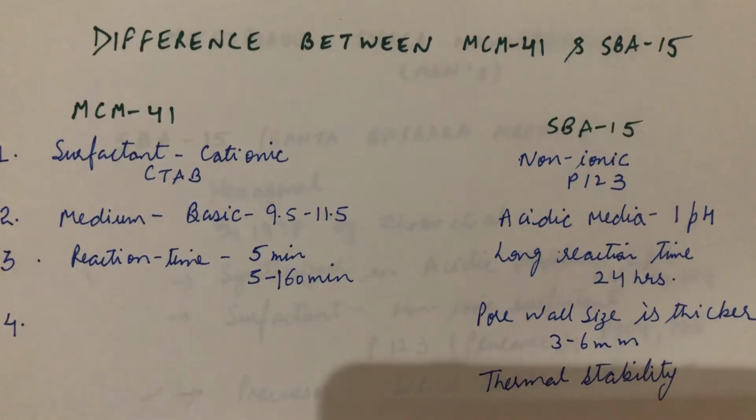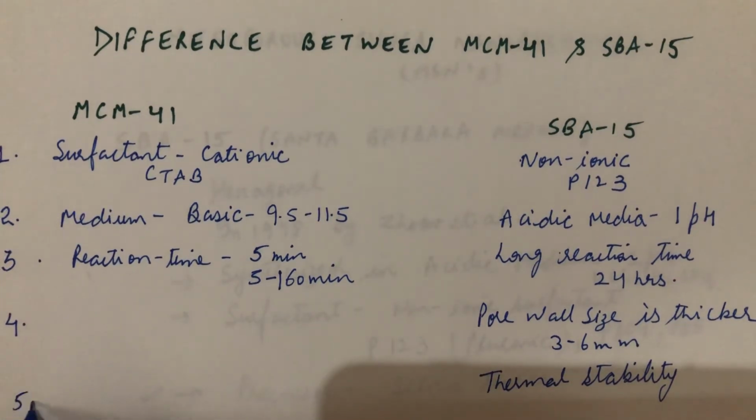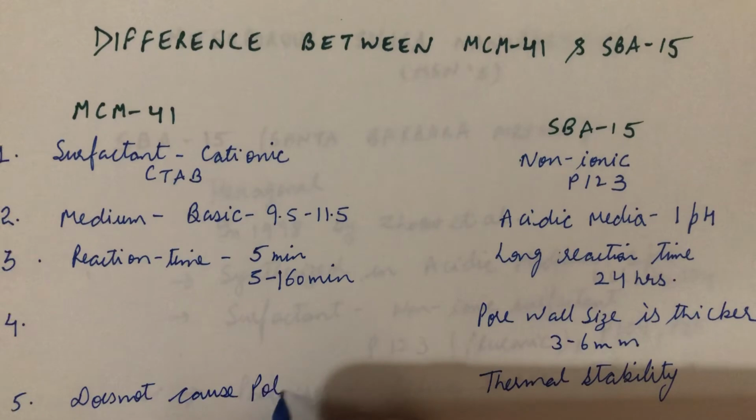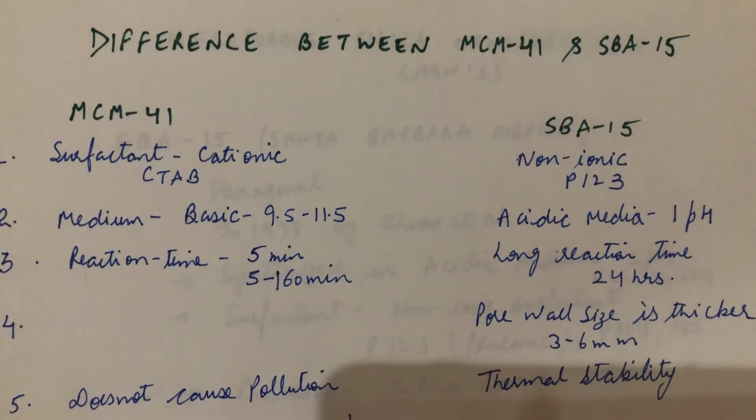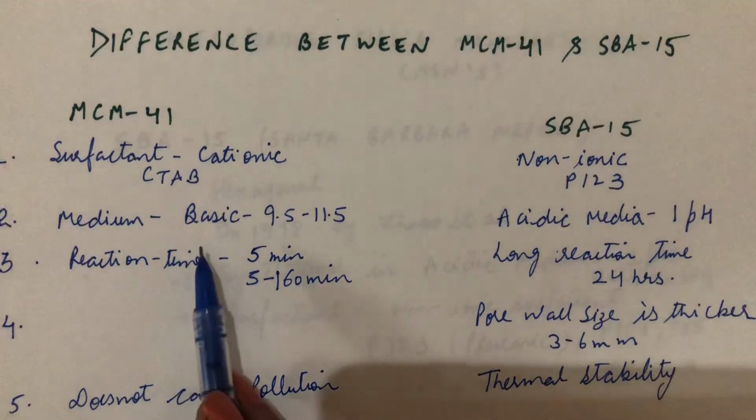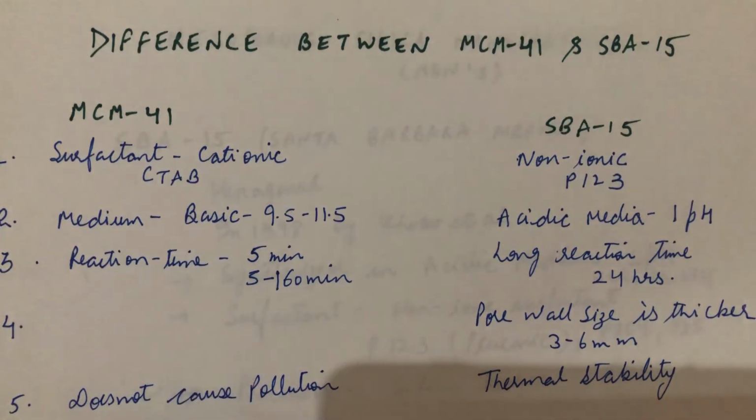Now, the last one and the biggest difference is that MCM41 does not cause any pollution. Why? Because it's synthesized in the basic media. When we wash it during the synthesis process, generally NaOH is washed out.